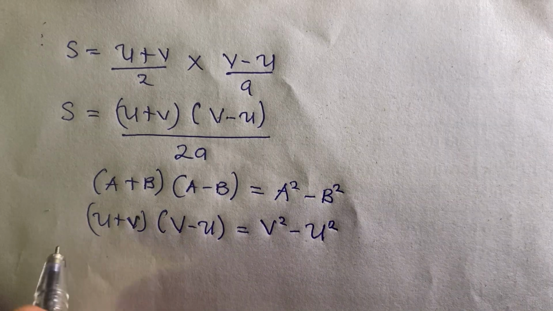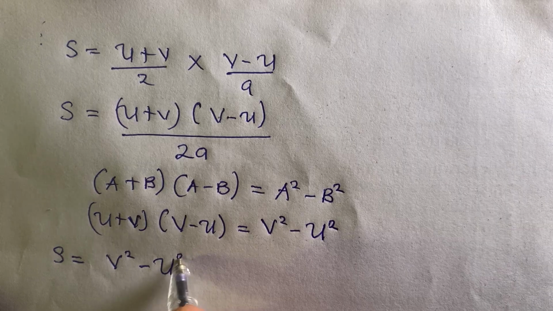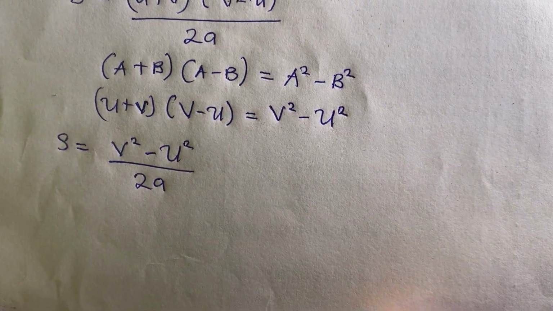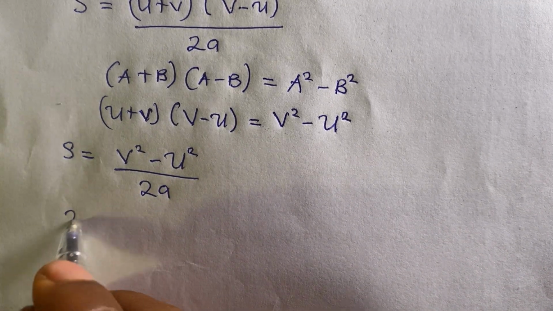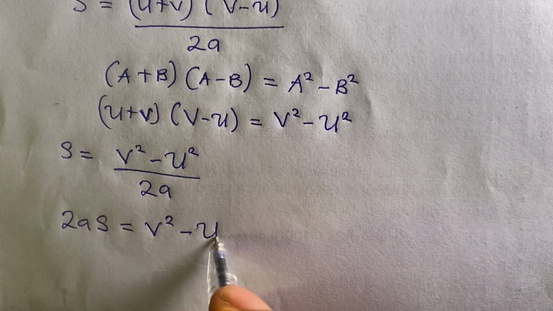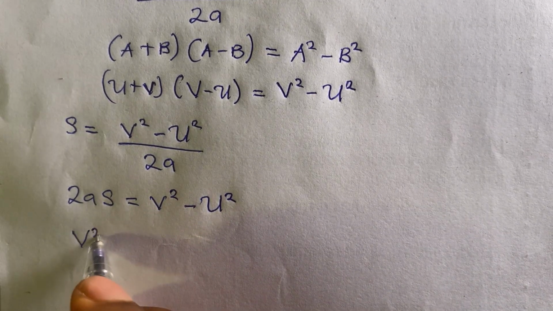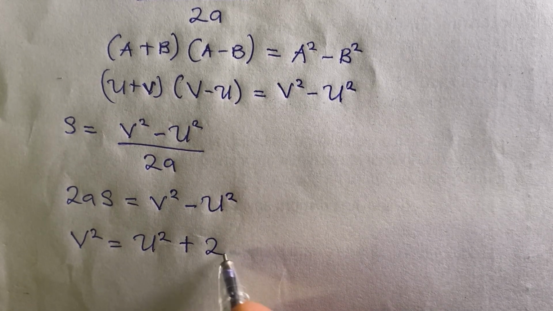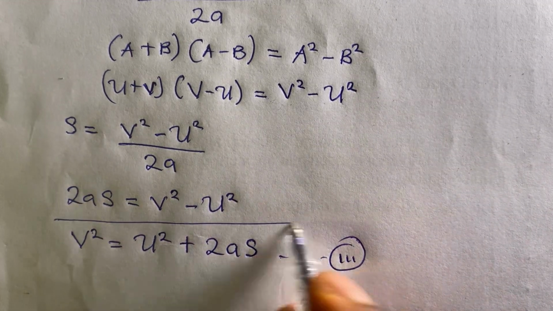So now our equation becomes v squared minus u squared over 2a. From here, mathematically, I can have 2as equals v squared minus u squared. If I make v squared the subject of the formula here, I'm going to have u squared plus 2ax. So this is our third equation of motion.